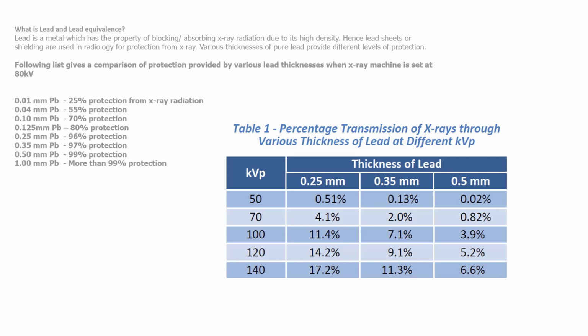For protection, we always want to look at the most protection we need. So when we talk about protection, we talk about the absorption protection and the thickness of the material. So if we had 1 millimeter of lead, or we had 0.01 millimeters of lead, would there be a difference in the radiation protection? Yes, there would.